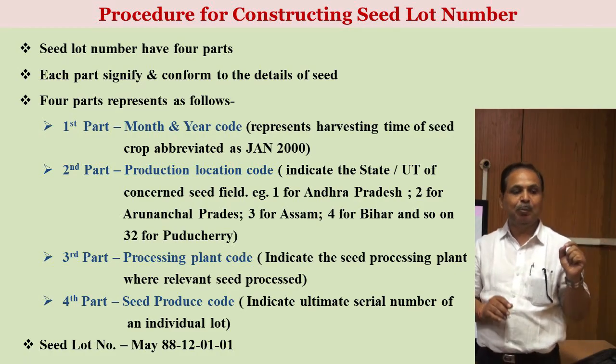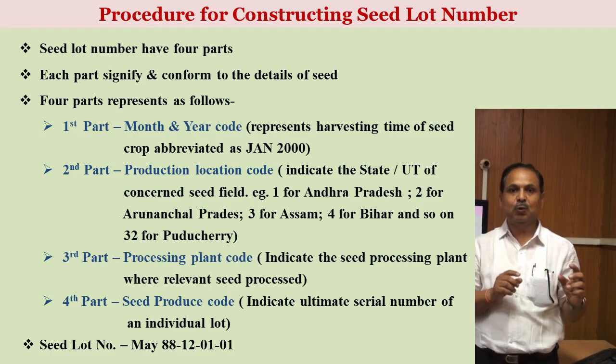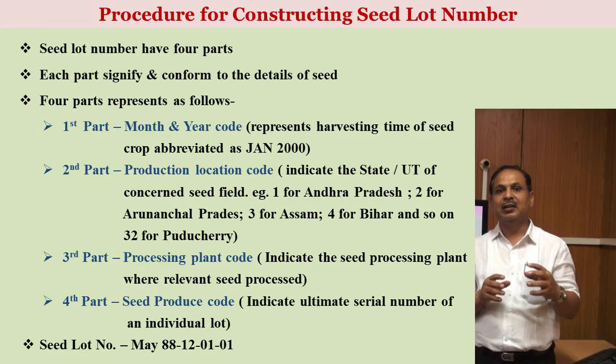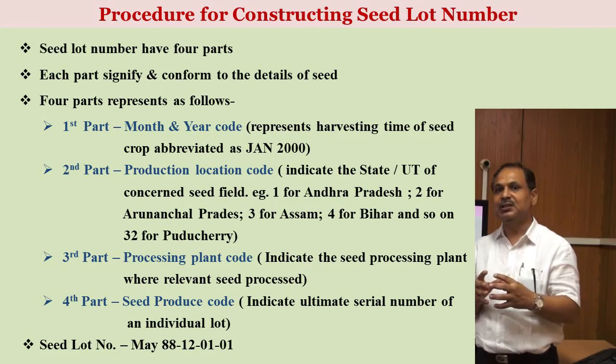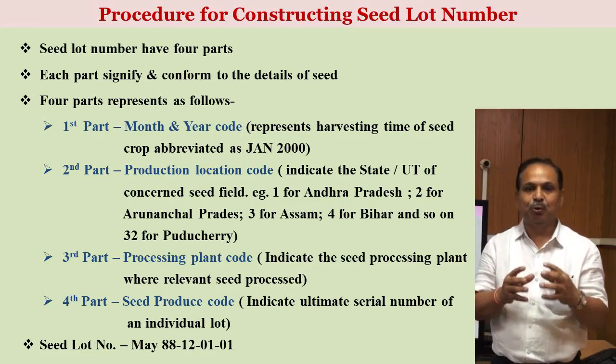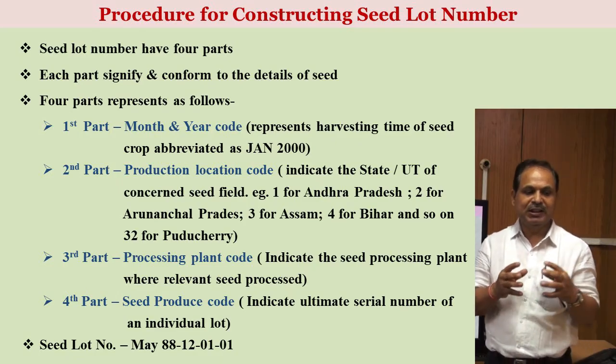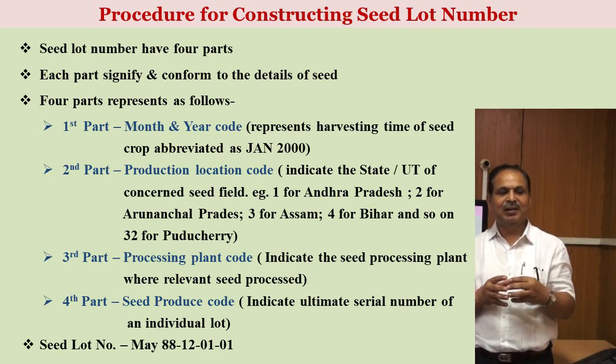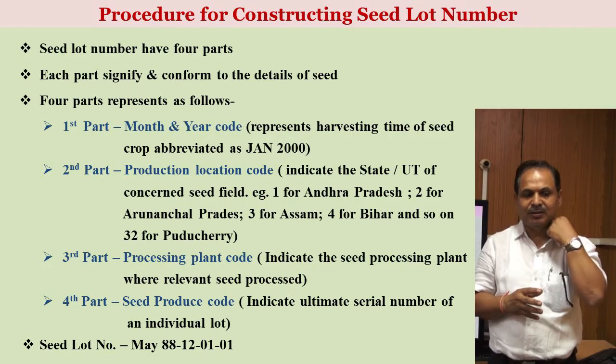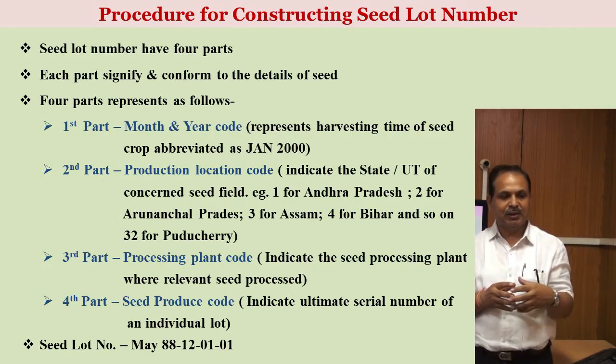It means the seeds were harvested in the month of January in the year 2000. The second part is the production location code, which means the place where the seed has been produced. For this purpose, numerals are given by the central government.